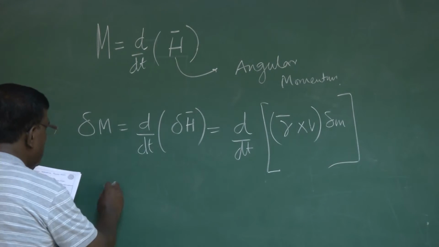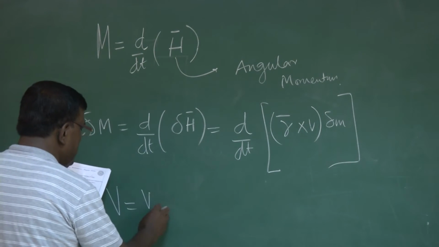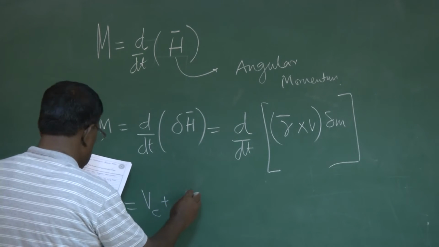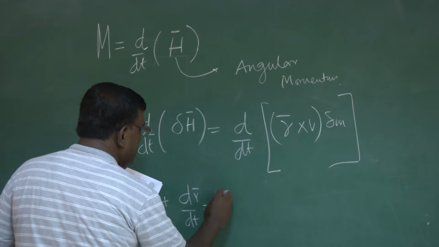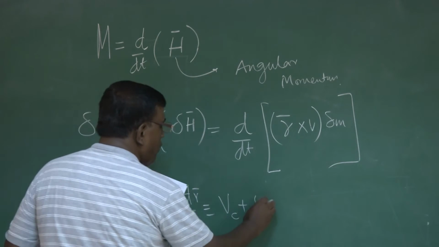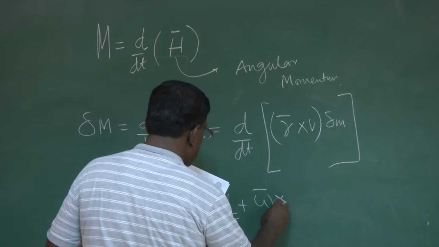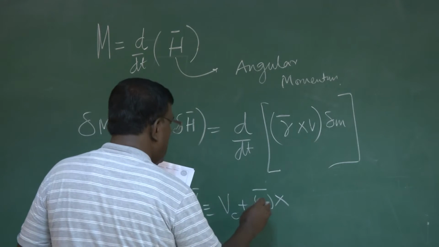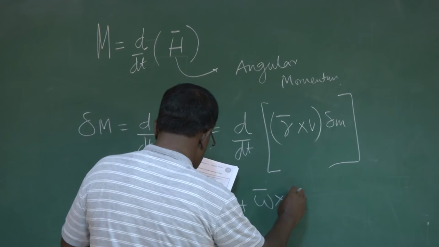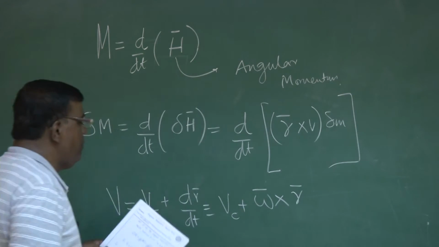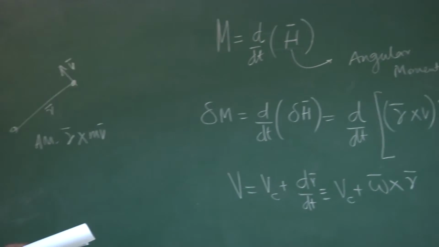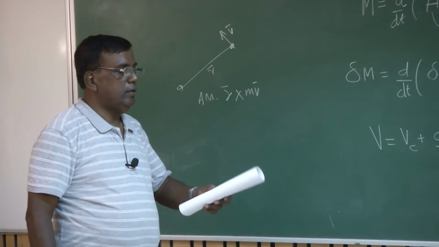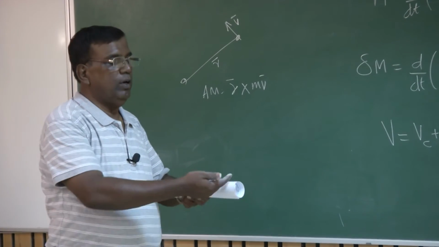Right? Also, v equal to vc plus dr by dt, which I can now write as vc plus omega cross r. Is this clear? dr by dt is nothing but omega cross r. Say, for example, if this body is rotating with omega, then what is the velocity here?